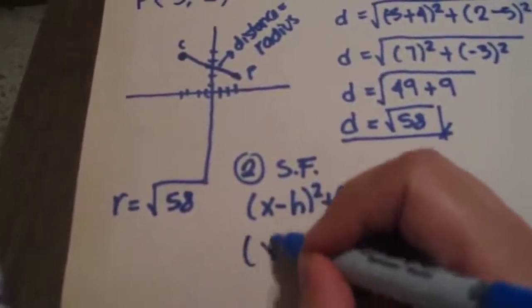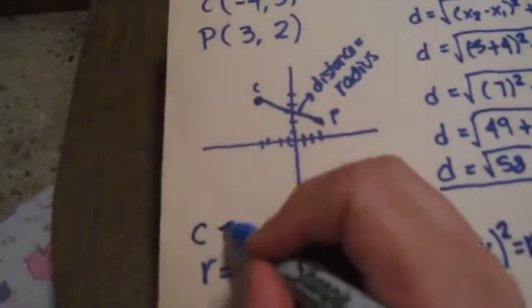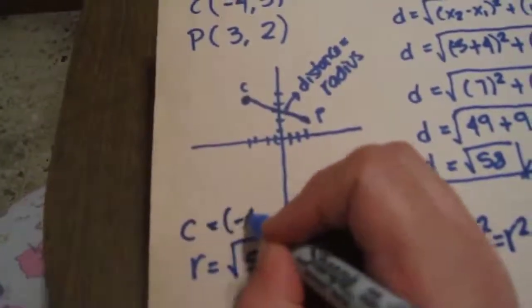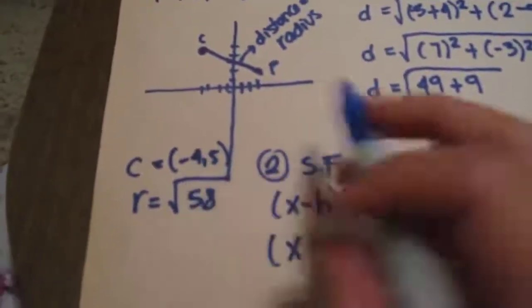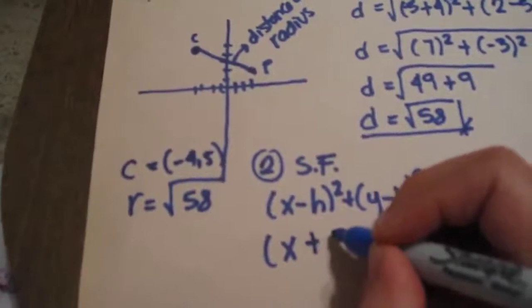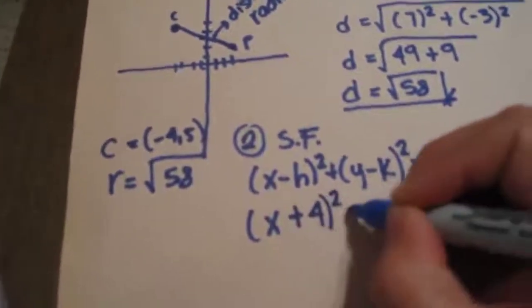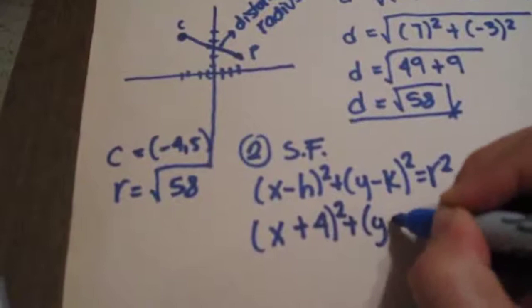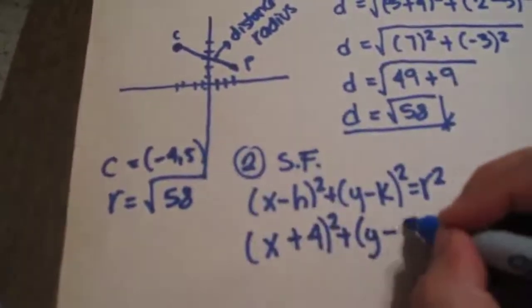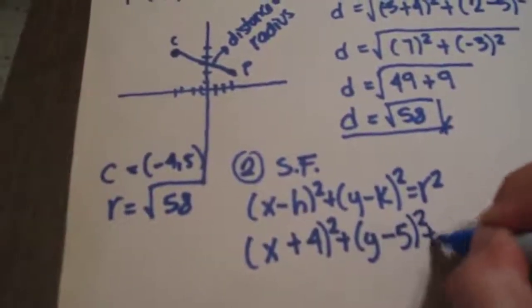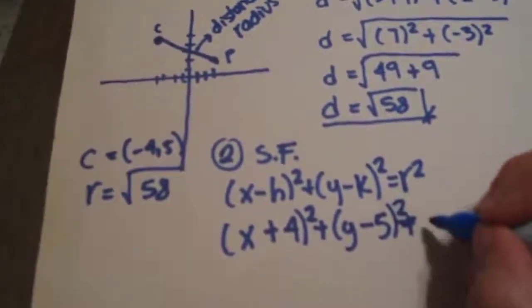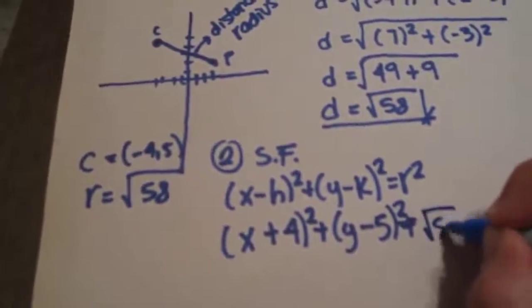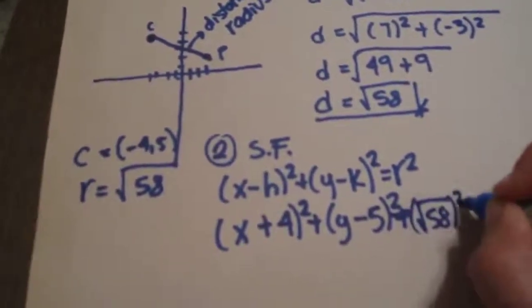So x minus h is from the center. Let me rewrite it here. It is (-4, 5). So minus is plus 4, squared, plus (y minus 5) squared, it's not a plus, it's an equal sign, sorry. r is the radical of 58 elevated to the second.